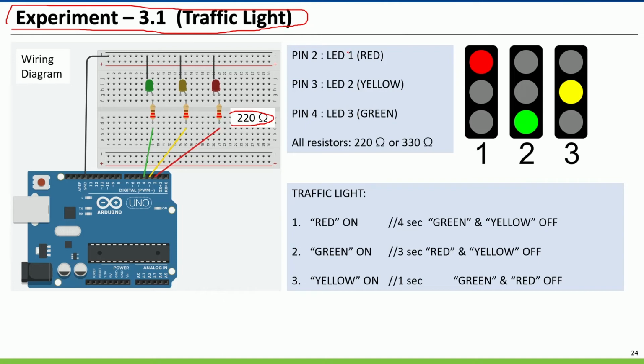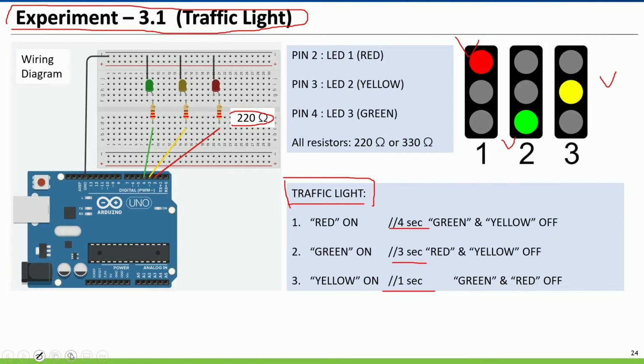And of course, in traffic light, you have a sequence: first, red on, and then second one is green on, and yellow, last one on, with different delay times. In this experiment, I think it's very easy using traffic light. This one is the pin diagram.